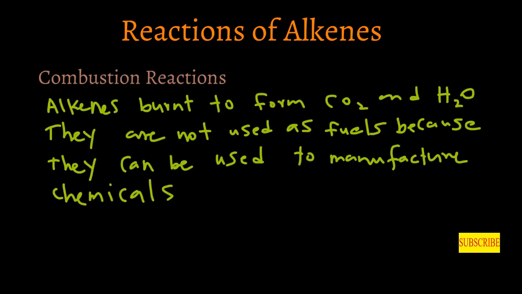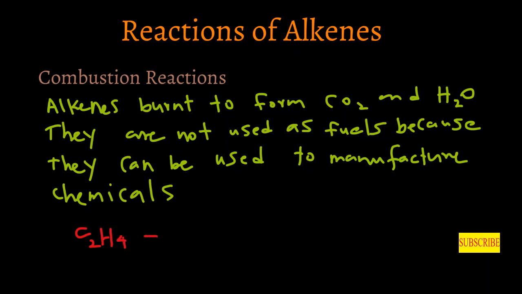Basically, when alkenes are burned, they form CO2 and H2O, and they are not used as fuels because they can be used to manufacture chemicals. We need to know about the combustion of ethene.